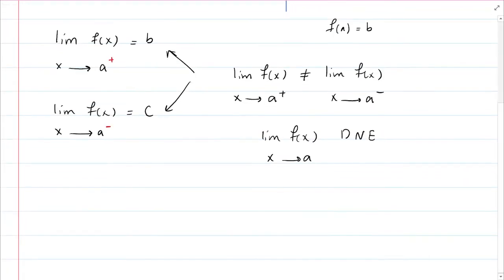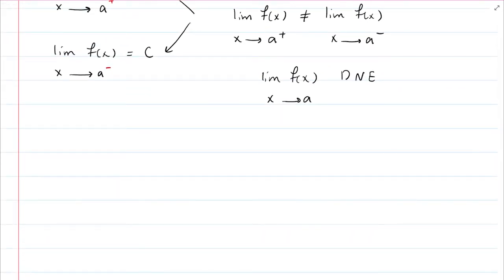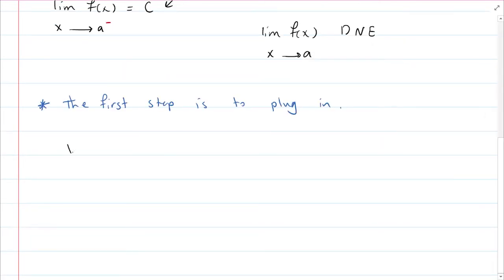But most of the time, we're interested in the value of the limit, or we're interested in evaluating the limit. So the first step to find the limit is to plug in. So always substitute the number first. That means if I give you, what is the limit of 1 plus sine x divided by cosine x as x approaches 0.